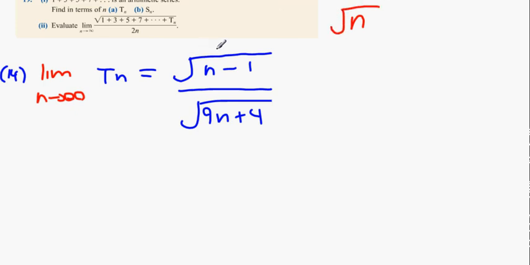Because if we divide by the square root of n, we can put it inside the brackets, because you remember an old rule.